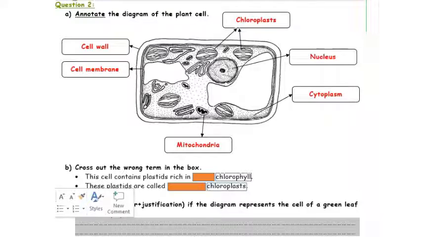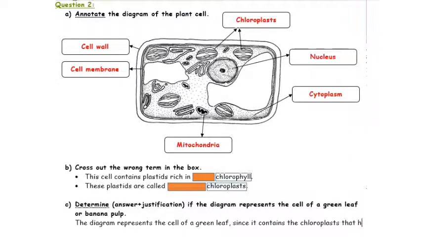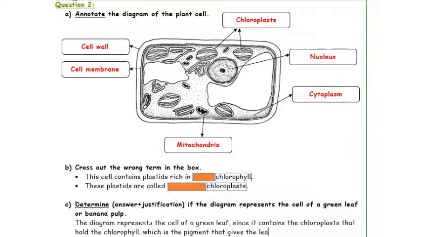So, I will say the diagram shows the cell of a green leaf, since it contains the chloroplasts that hold the chlorophyll, which is the pigment or the substance that gives the leaf its green color.